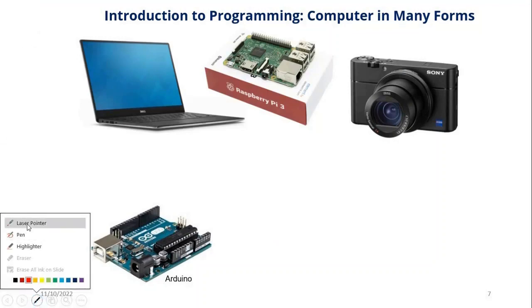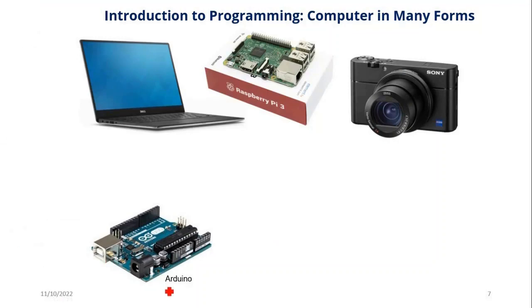The Arduino computer, this one, which has something called a processor. This is the processor for the Raspberry Pi. This here is the processor for the Arduino. These are actually computers. The Arduino is a computer. The Raspberry Pi is a computer, but they are small form, small capacity computers. So they are referred to as microcontrollers.